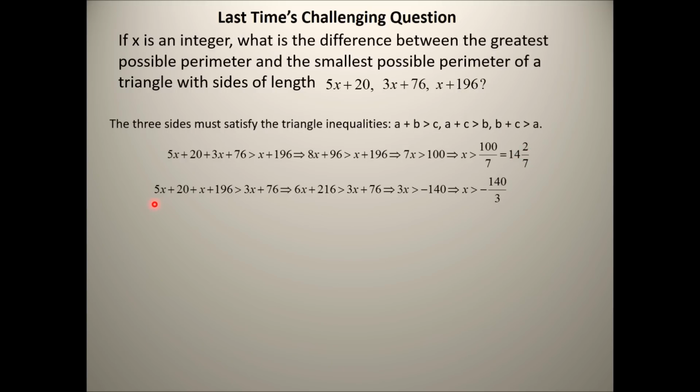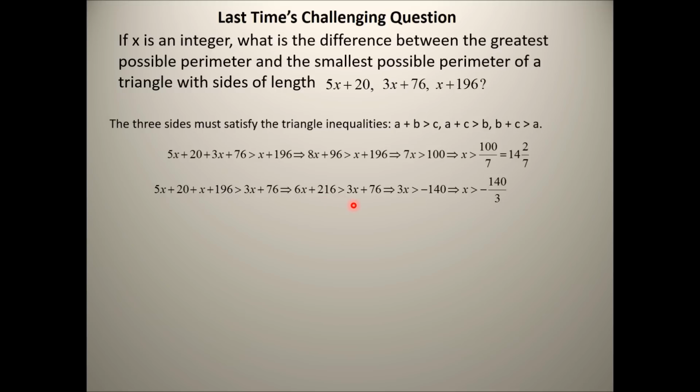Now, 5x plus 20 plus x plus 196 is greater than 3x plus 76. We are simply putting these lengths in different spots in order to find different values of x. So if you combine like terms, you get 6x plus 216 is greater than 3x plus 76.